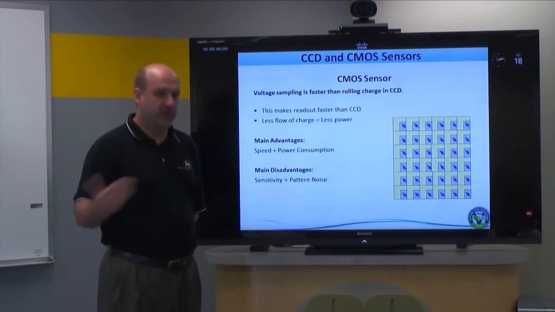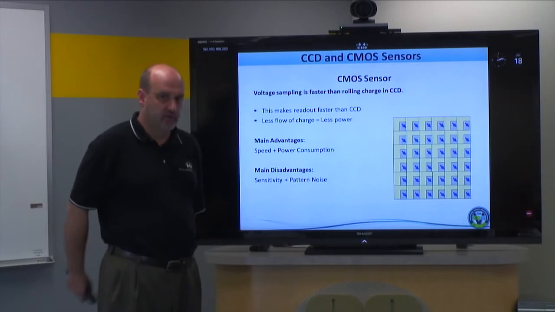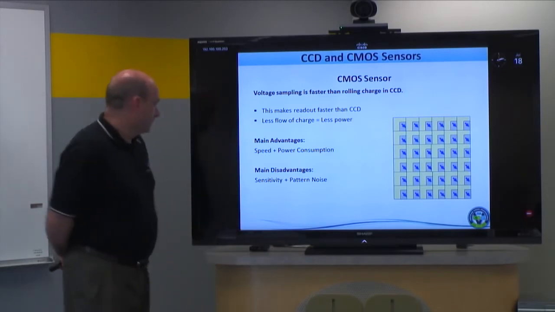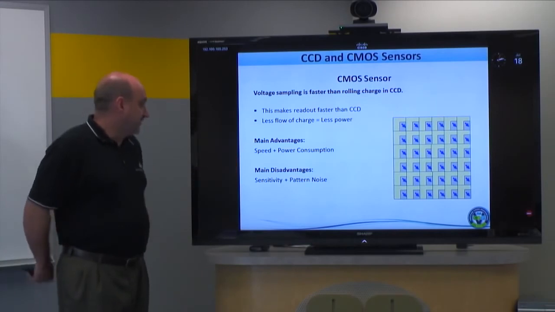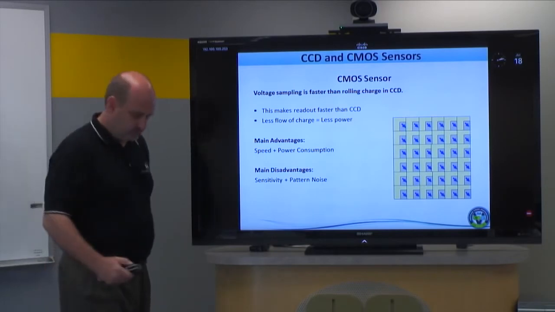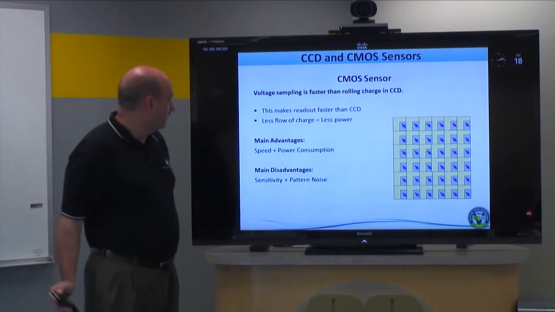But there are still trade-offs between CCDs and CMOS imagers to be considered by the user. There's no one clear answer here. The main disadvantages, as I mentioned, of CMOS tend to be sensitivity and pattern noise, or effects related to those.